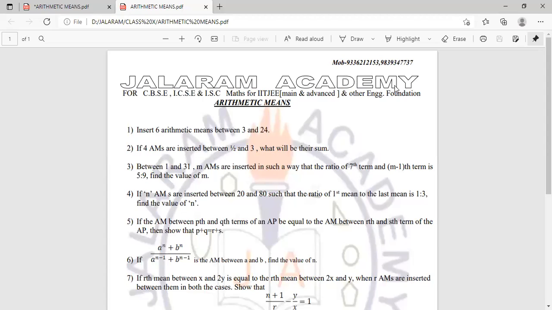So we find 1 and 31 means 2, and m AMs means m. So the total number of terms will be m plus 2.